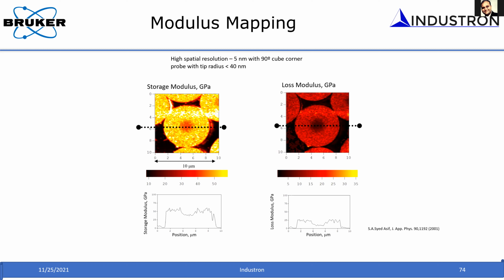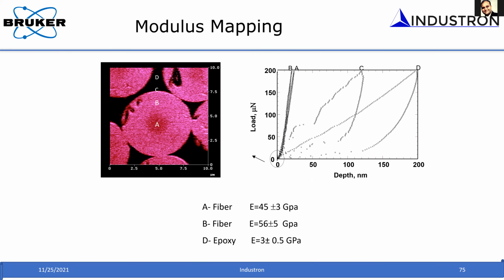This particular example is for a fiber epoxy composite, and you can see the circular things are fibers, and the surrounding matrix is dark, just black. You can see how the property of the fiber is much higher than the epoxy it is embedded in.